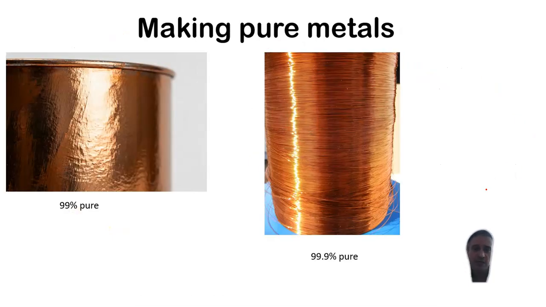Another example is purification of the materials. Imagine pure copper that we use for pots. This copper has a purity of about 99%. But when we want to use this copper as wire for electrical conductivity, the purity of this copper should be higher, for example, 99.9% or even higher, 99.99%.